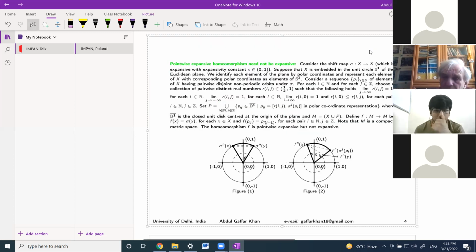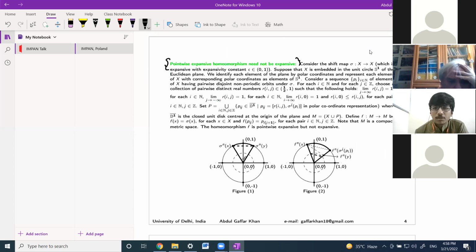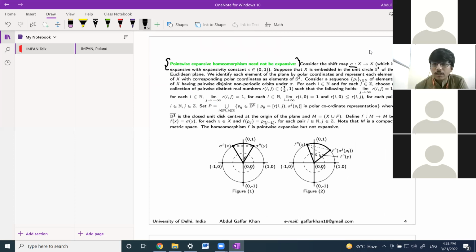The example that proves that a pointwise expansive homeomorphism need not be expansive is the following, provided by Reddy. The idea was that he embedded the shift space into the unit circle and assumed that we can choose a sequence of points p_i, so that none of them are periodic points and their orbits are non-intersecting, that they have disjoint non-periodic orbits.